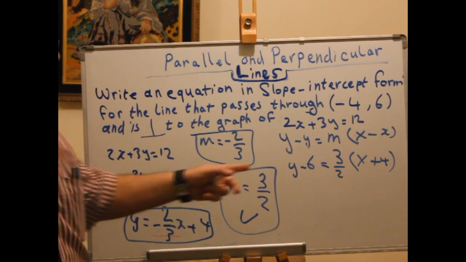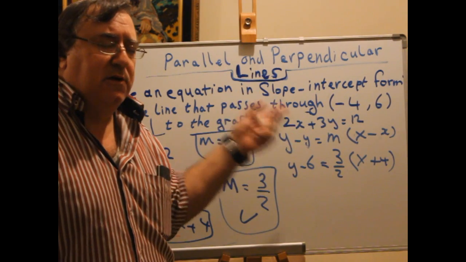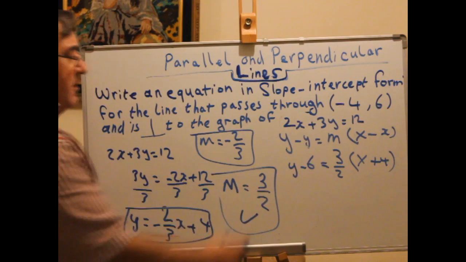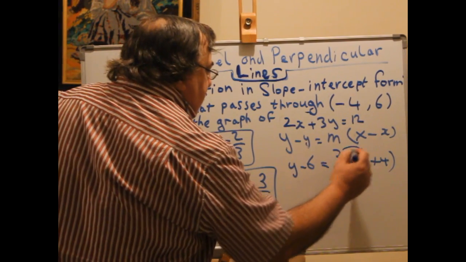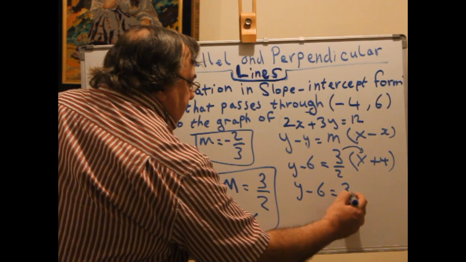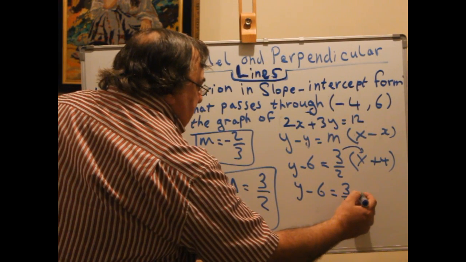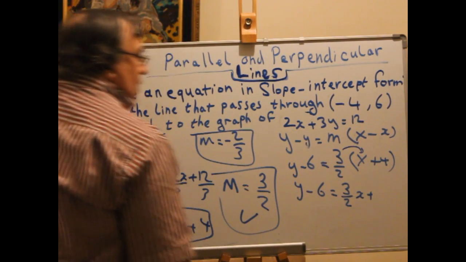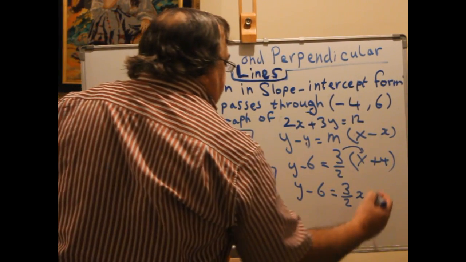Now I have it in point-slope form. He wants it in slope-intercept form. You know now what to do. Multiply this out. So y minus 6 equals 3 over 2 x plus 3 times 4, which is 12 over 2, which is 6.